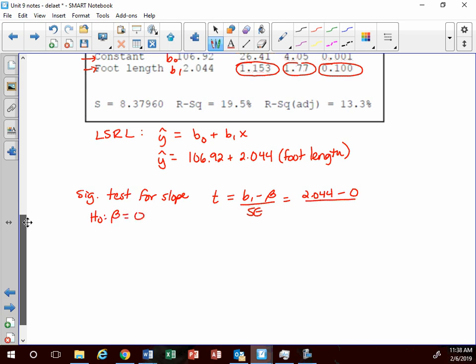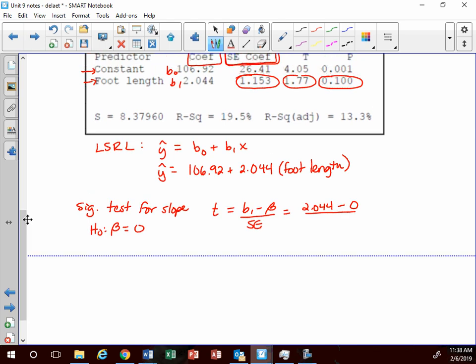All right, divided by standard error. What number do you think I'm using as the standard error out of this printout? Yep, 1.153. And if you actually type that into your calculator, what do you get? 1.77, and look, wasn't that given to us?